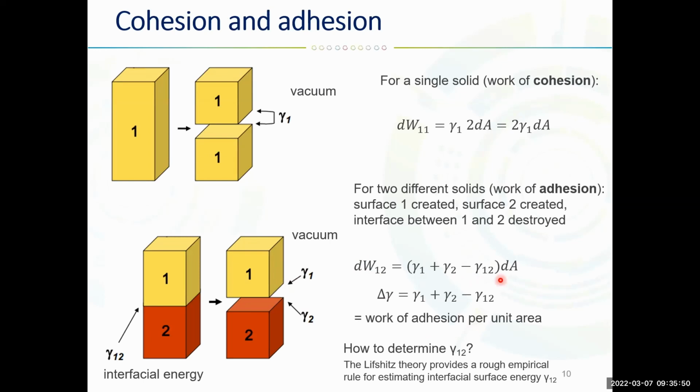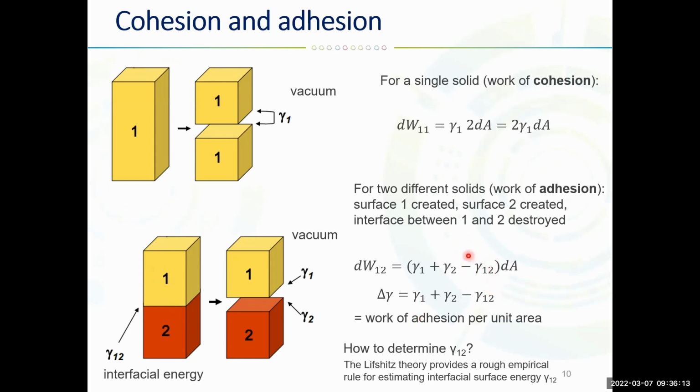So here you can see how this interaction is calculated. You have gamma 1 and gamma 2 from each material as a contribution, minus the interfacial energy, when these two materials are very close to each other and contacting.